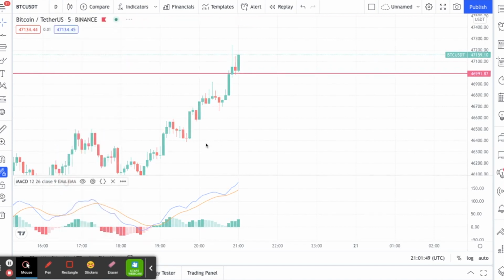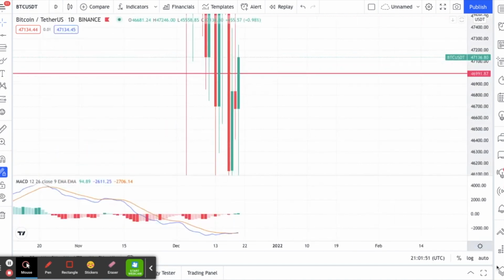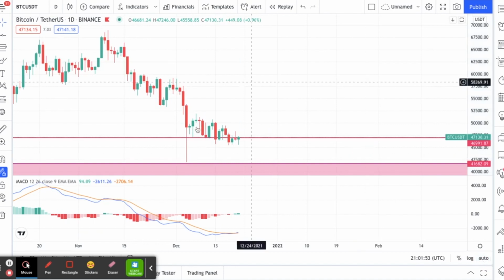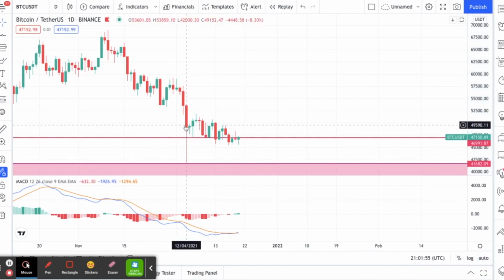On a day like, if we look at the daily, on December 4th, a trailing buy would have been great, because this giant wick comes all the way down to about 41, and then it comes back up. So a trailing buy would have let this go all the way down, more than likely, as long as it wasn't crazy. And then it would have come back up and you would already be in profit.